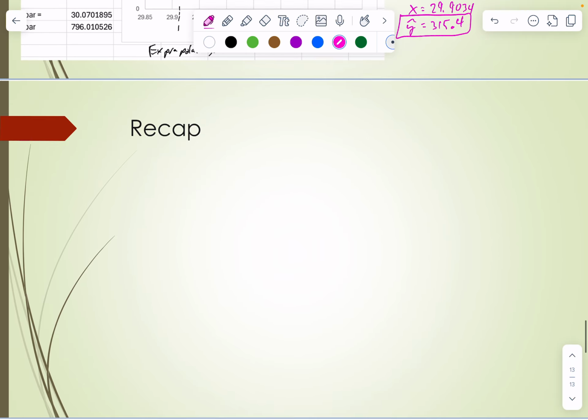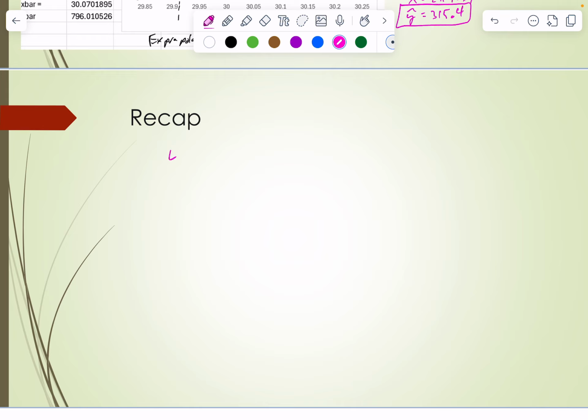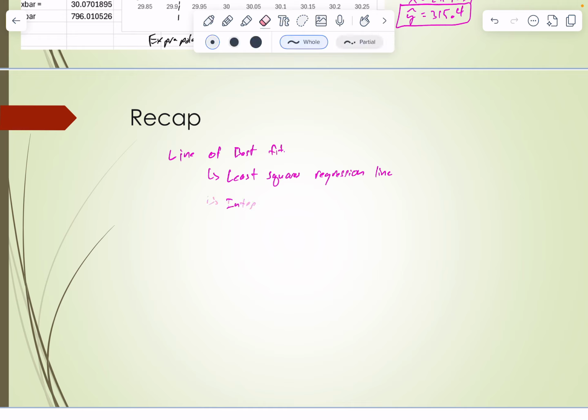Okay, what did we do today? Well, we talked about the line of best fit. We talked about an interpretation, we talked about linear model.